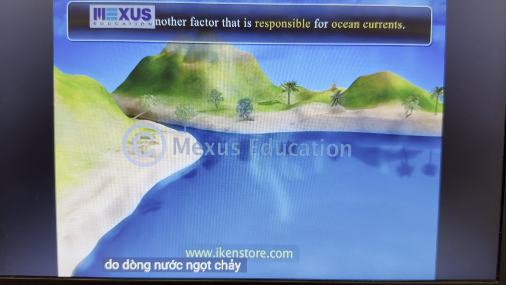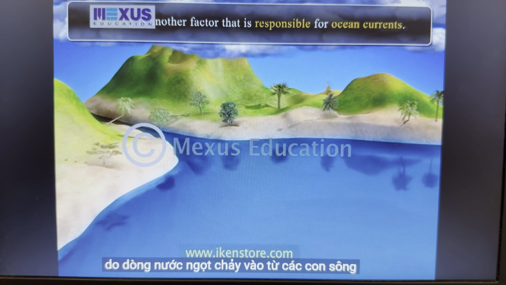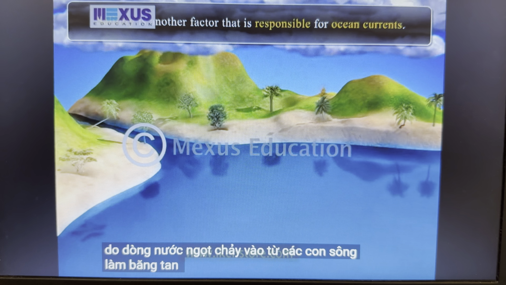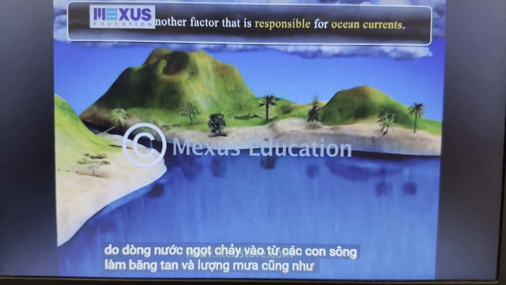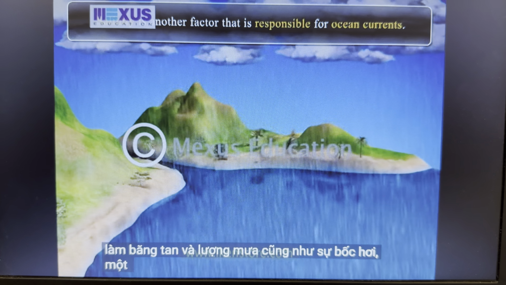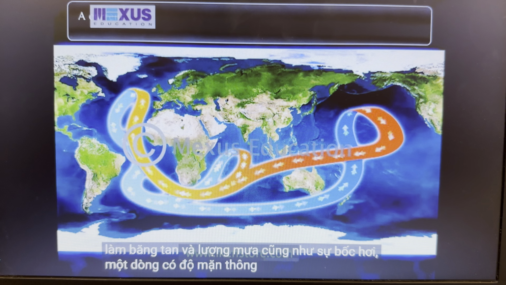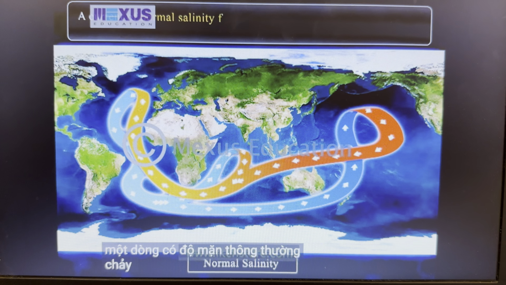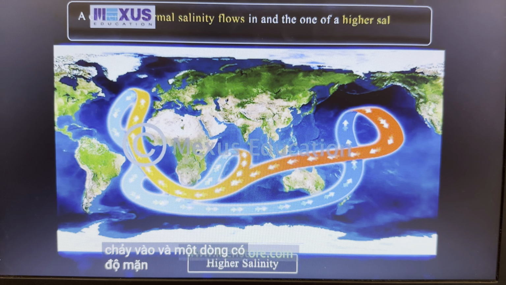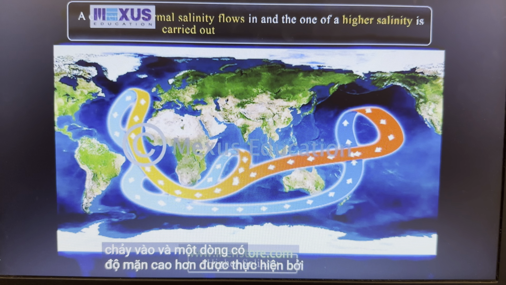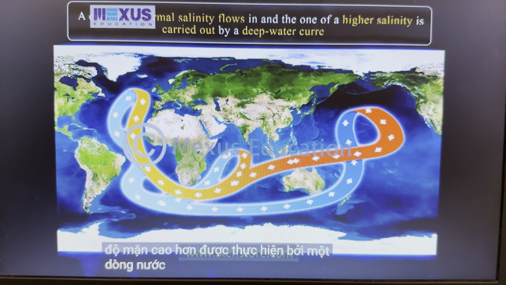Salinity is also affected by the inflow of fresh water from rivers, melting ice, and rainfall, as well as evaporation. A current of normal salinity flows in, and one of higher salinity is carried out by a deeper water current.